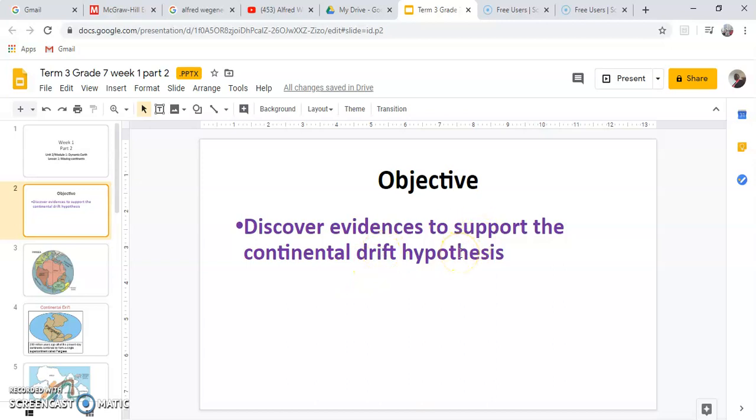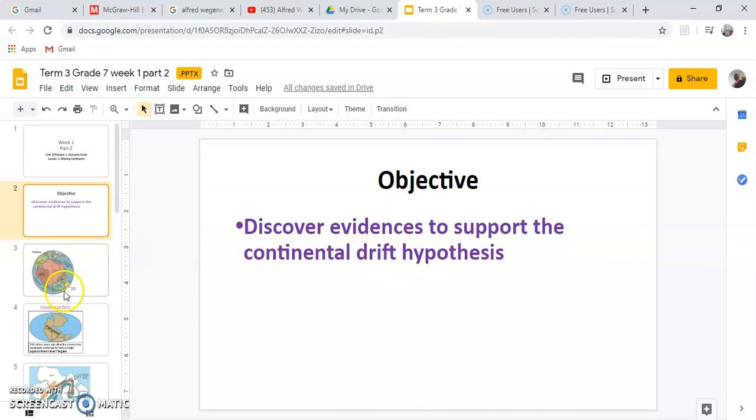Now, the word hypothesis is a proposed explanation made on the basis of limited evidences in the course of an investigation or findings. Especially in science, we use the word hypothesis. So it's a proposed explanation that is made regarding something, having some evidences to prove. So in today's lesson, we are going to look at the evidences, the proofs, the facts that support the continental drift hypothesis.